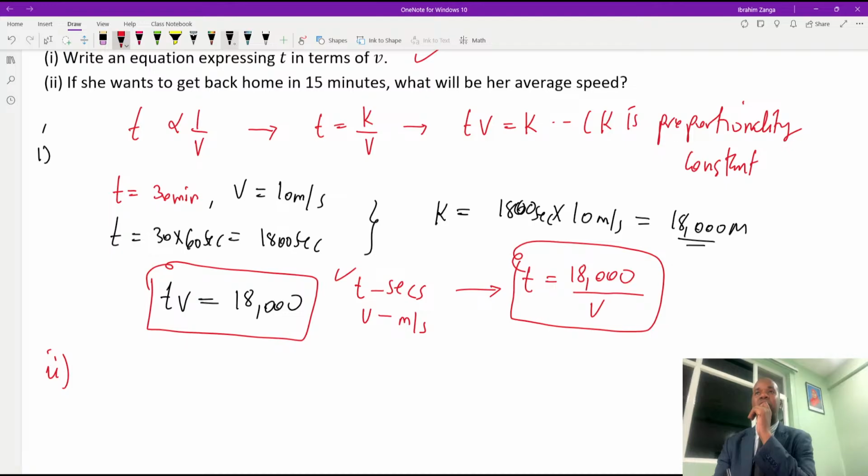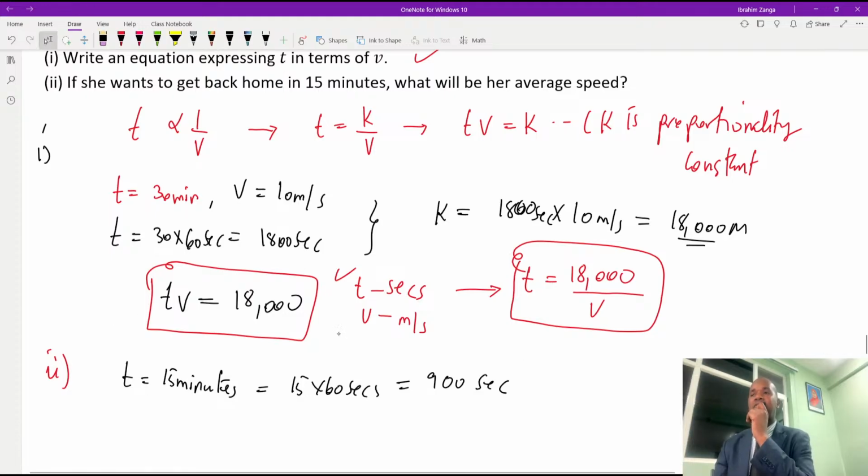With part 2, you are given t now. T is 15 minutes, which is actually 15 times 60 seconds, so that will be 900 seconds.